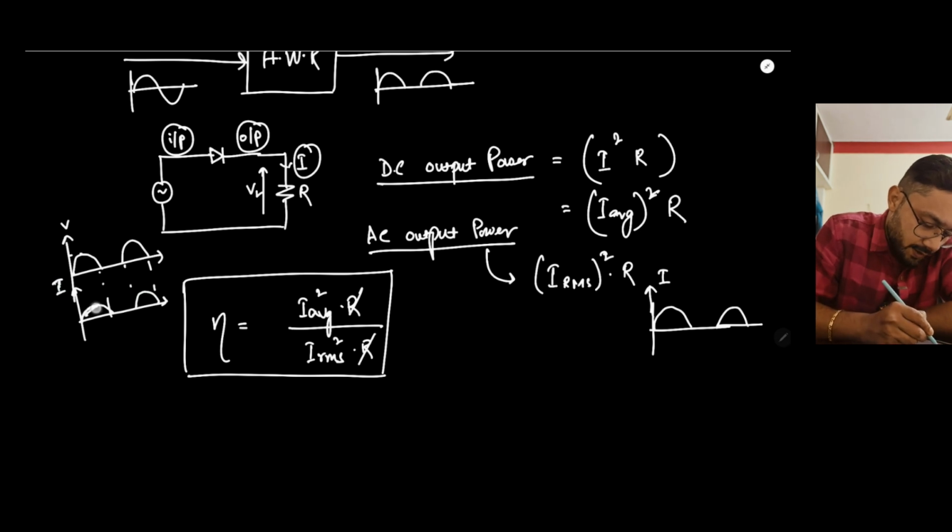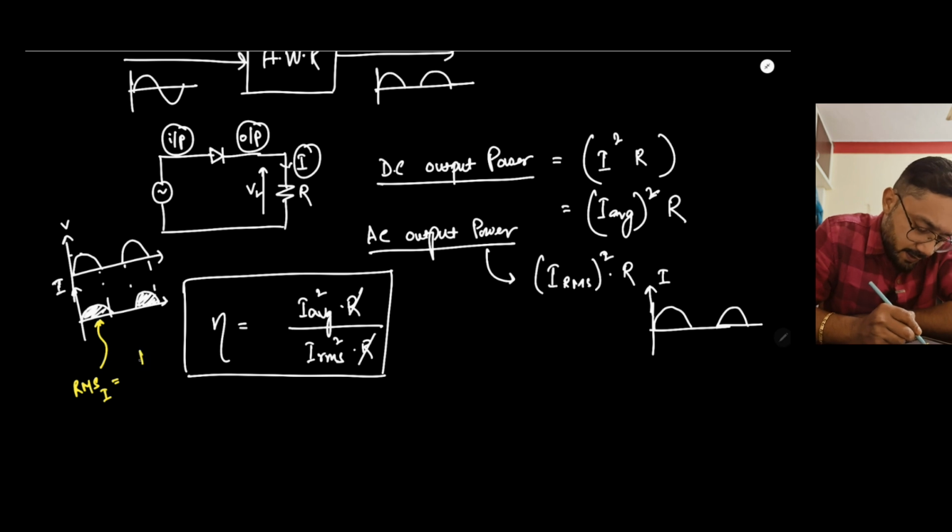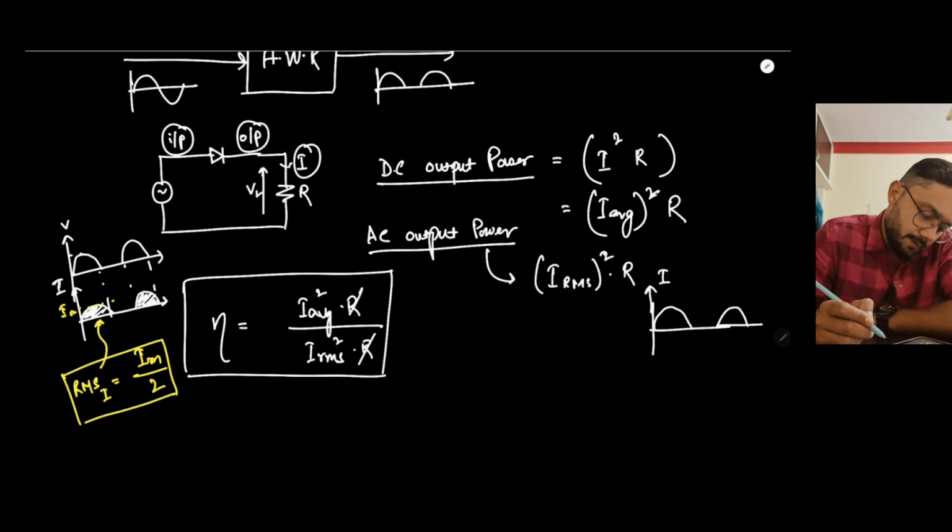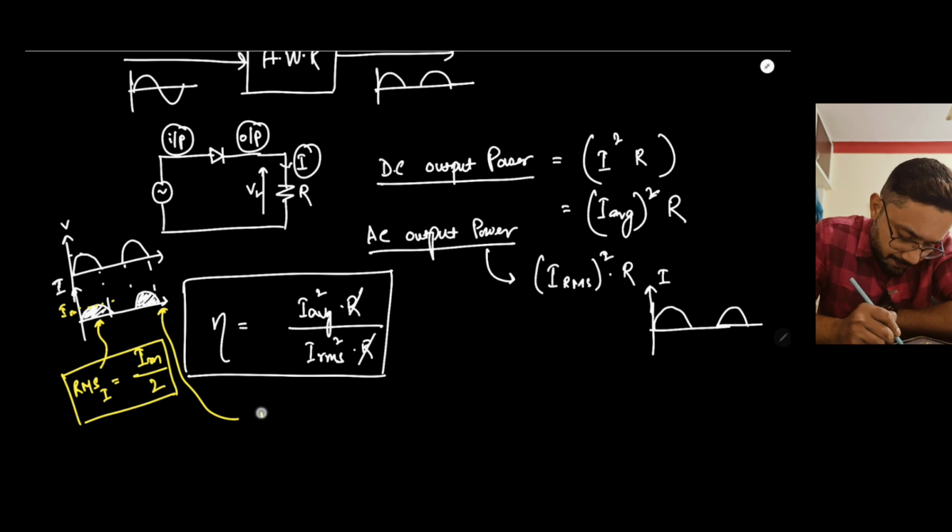This is the current of the half wave rectifier. So what will be the RMS value of this current? The RMS value of this current will again be Im by 2, this is Im. And what will be the average value of this current waveform? Average value of this current will be Im by pi.